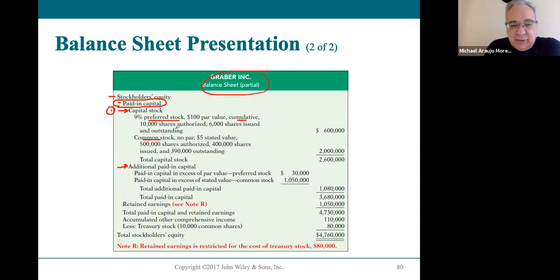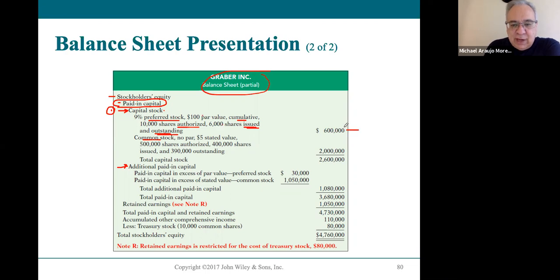They have 10,000 shares authorized, but 6,000 shares have been issued and they are outstanding. Remember, these terms are really important, right? So they have 10,000 shares authorized, so legally authorized, but they've only issued 6,000 of those shares, and they're all still owned by the public, all 6,000. So their capital stock is 6,000 shares times $100 par value.